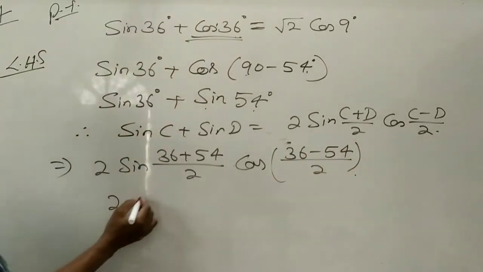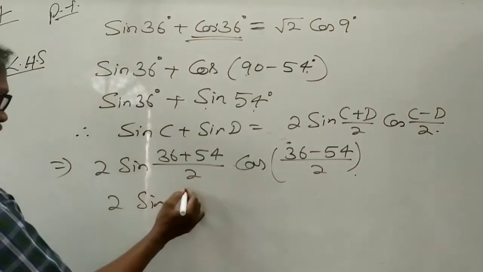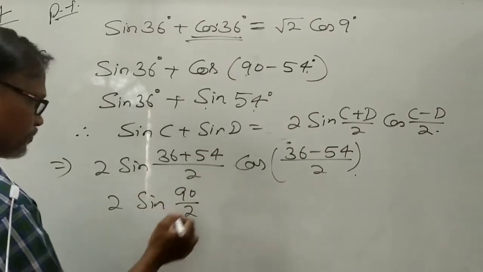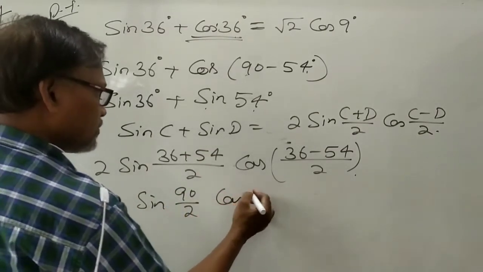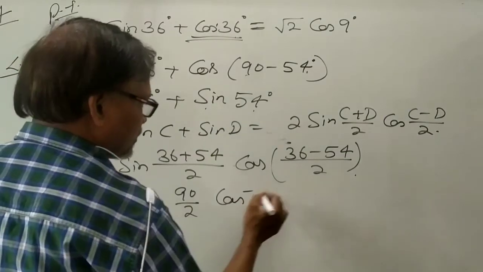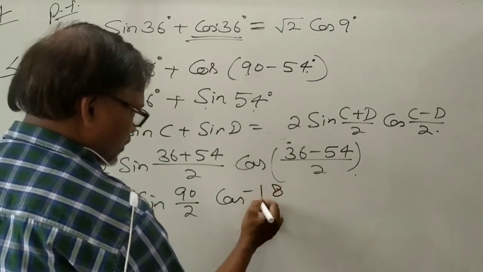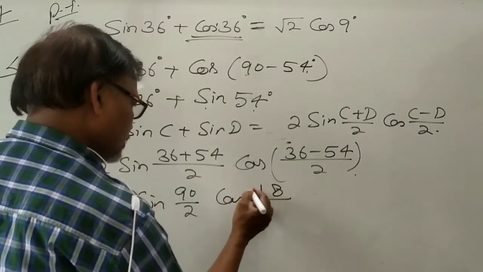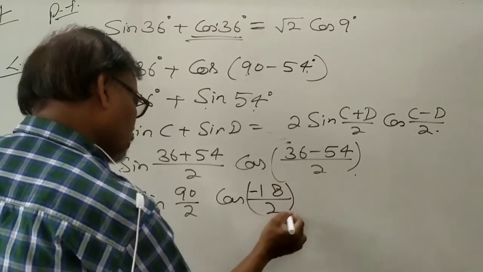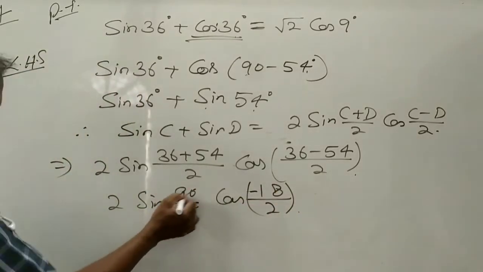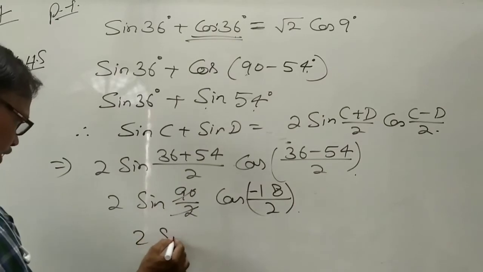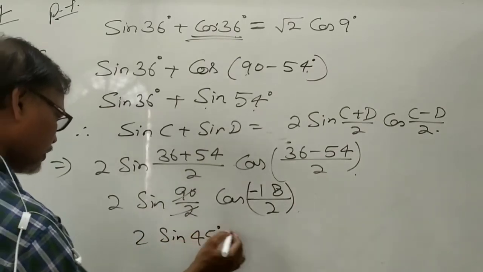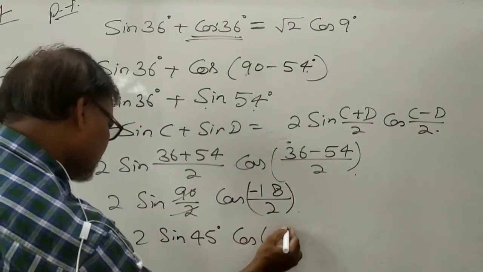So you will have 2 sin (90/2) into cos (minus 18/2), and as you know this is 45 degree, so 2 sin 45 degree into cos of minus 9.